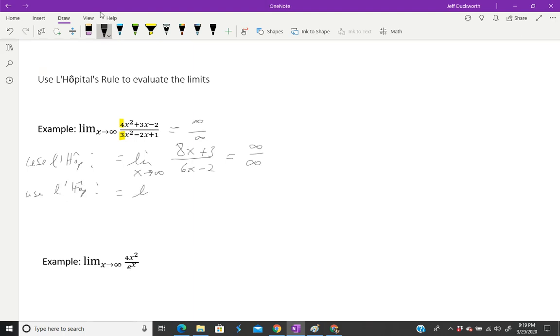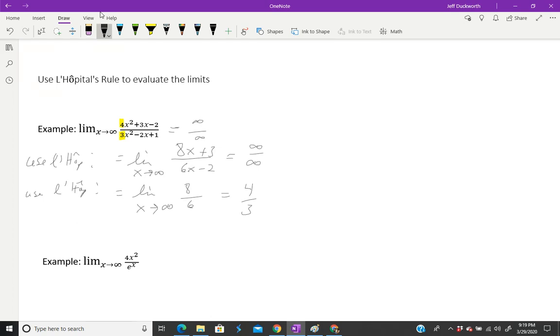The derivative of 8x is just 8, the derivative of 6x is just 6, and the derivative of those constants goes to 0. So we're taking x to infinity, but there is no x, so this reduces from 8/6 to 4/3, which is what we expected the answer to be.